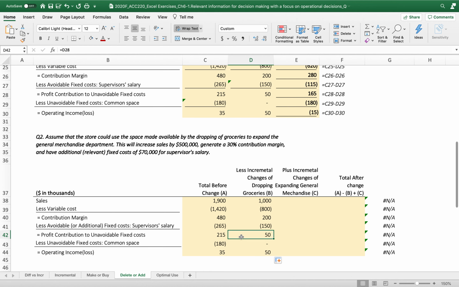Okay, let's start with the incremental changes of dropping groceries, and then we will add the incremental changes of expanding general merchandise. General merchandise should start from 500,000, right? That is only the incremental changes.